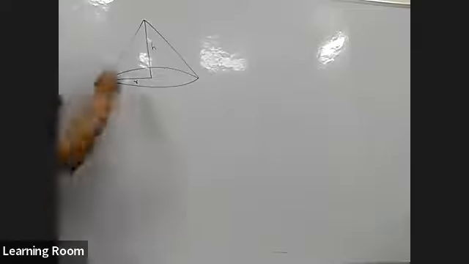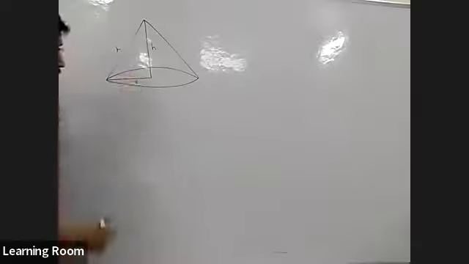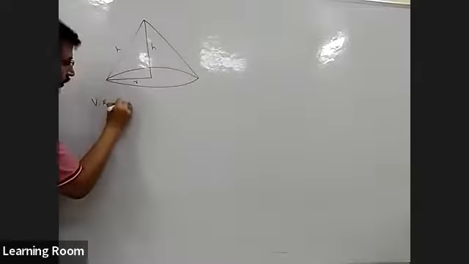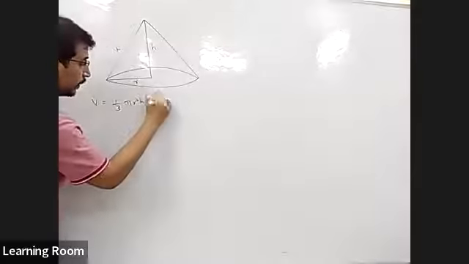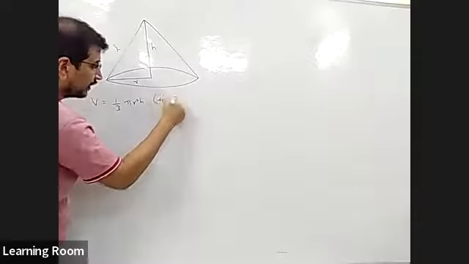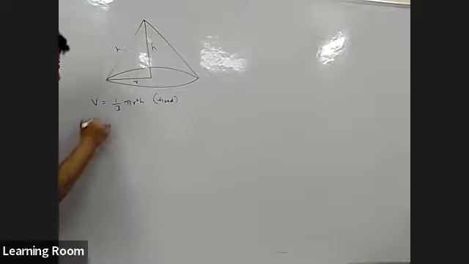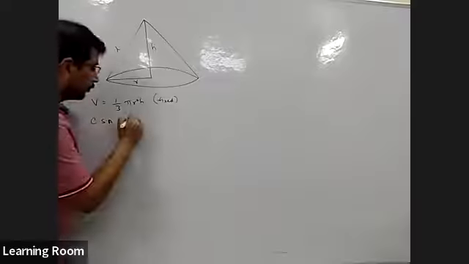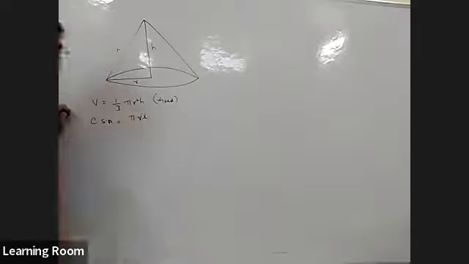Correct answer. L is this thing. So volume of the cone is 1 by 3 pi r square h. This is fixed. What is the curved surface area? Least curved surface area, that is pi r l.